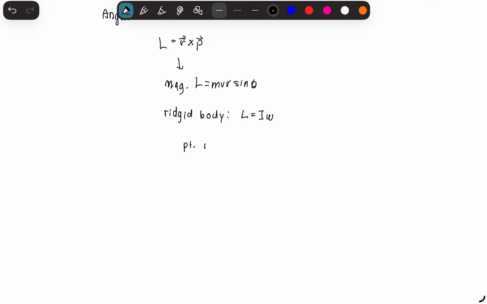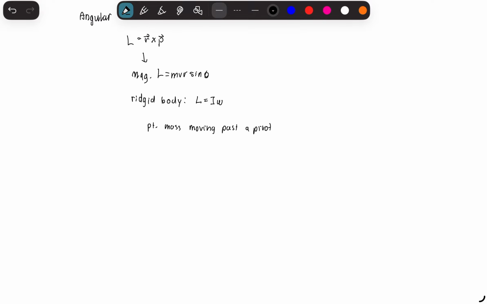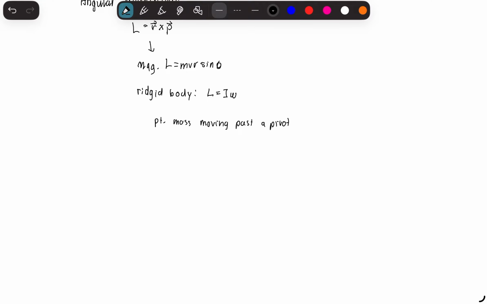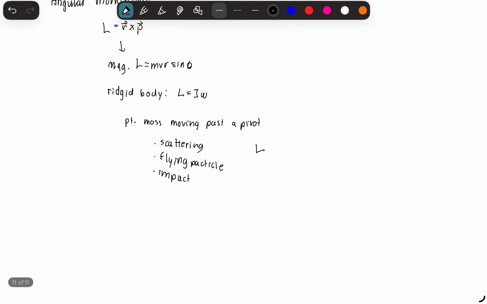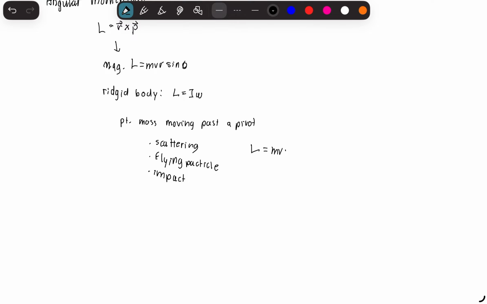Let's say that you have a point mass moving past a pivot. This happens when a particle flies by a point, and also your impact parameter will matter in these problems, and also when you have scattering. When we examine these three, our algebra setup is going to be angular momentum is equal to the mass times the velocity times the lever arm r perpendicular.